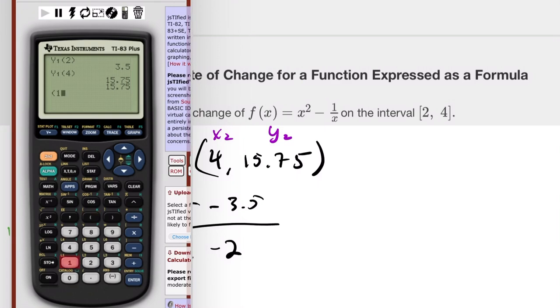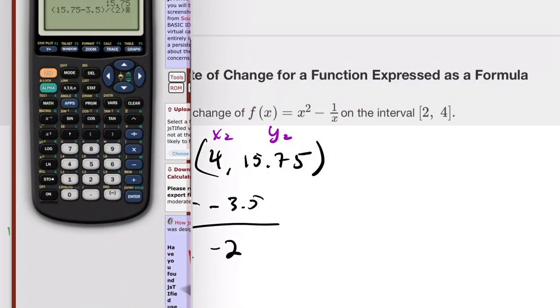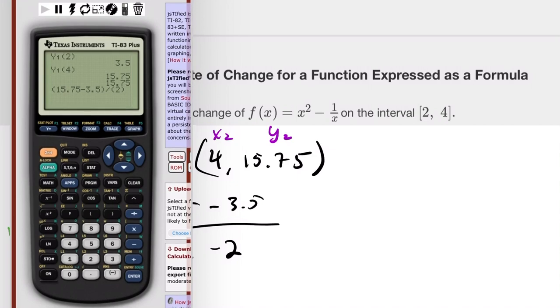So I'll say 15.75 minus 3.5 divided by 2. Okay, let's go with that. So then we get 6.125.